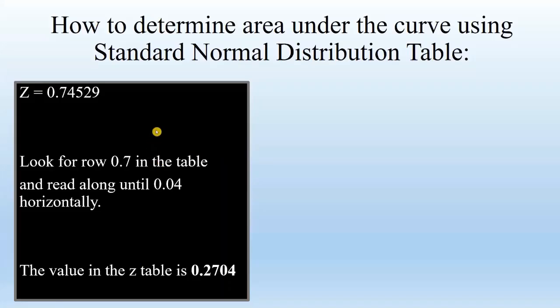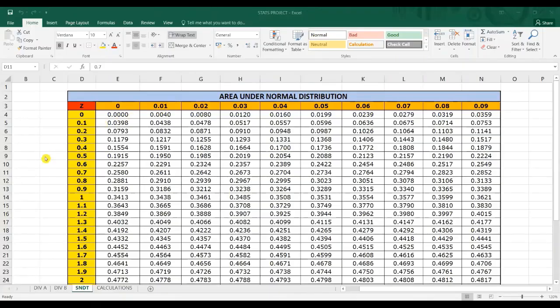So next what you have to do is simply focus on the third number in the Z score. And here the number is 4. So what you do is simply look around for 0.04 horizontally across the table. So coming back to our SNDT table, now we have already looked for 0.7 and now we have to search horizontally and go up to 0.04.